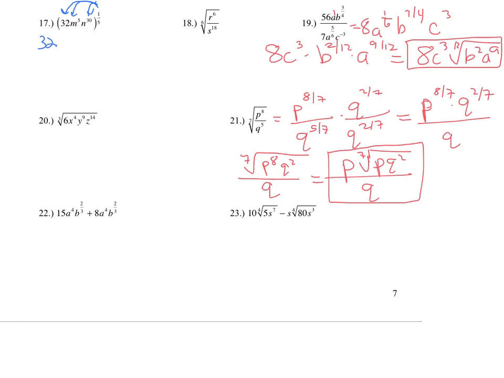So I'll have 32 to the 1/5, m to the, well, I multiply 5 times 1/5 and I get 1. N to the 30 times 1/5, 30 divided by 5 gives us 6. Now remember that 32 to the 1/5 power means the 5th root of 32. 5th root of 32 is 2. So it's 2m and n to the 6th power.